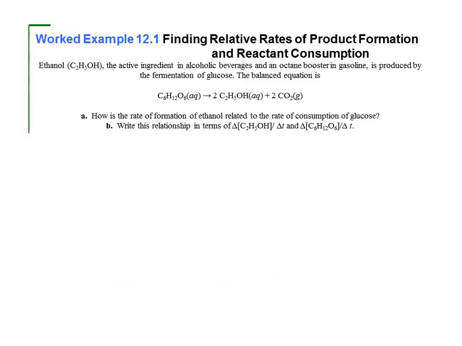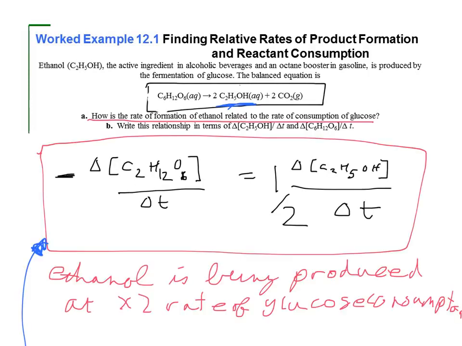You can use stoichiometry to determine the relationship between the rates of reactions of the various substances in a chemical equation. Let's write the rate of formation of ethanol in relation to the consumption of glucose.